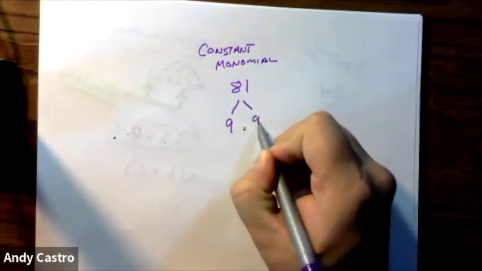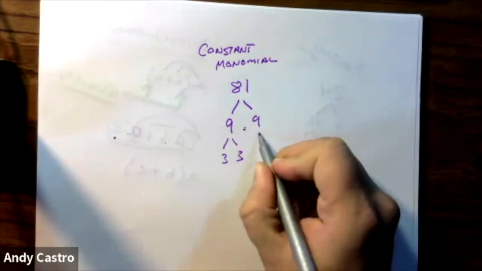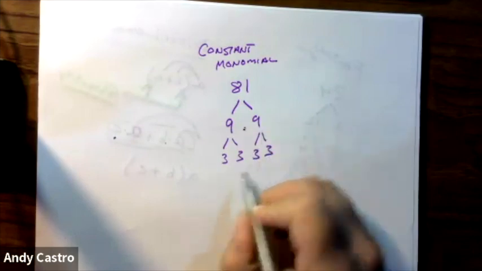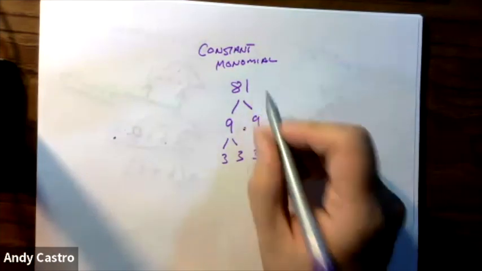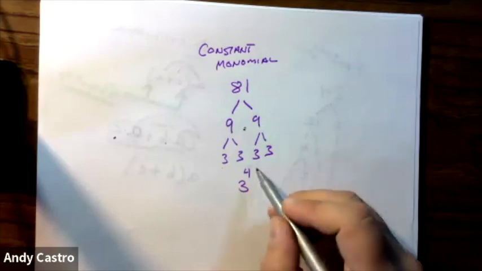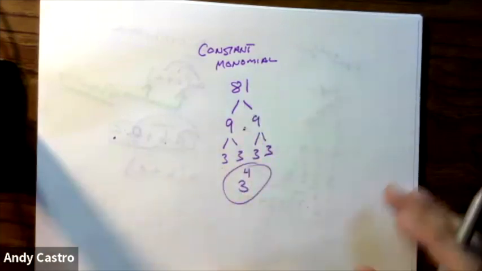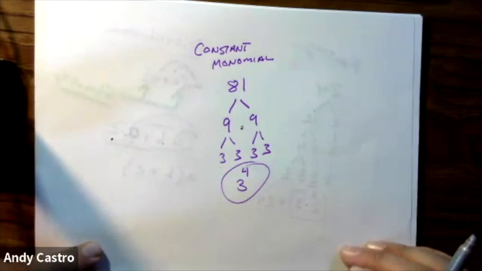That's 9 times 9, and then 9's are 3 times 3. So this is 4 3's multiplied by each other to get 81. 3 to the 4th power. That's the prime factors of 81. Give you a second to write that down.